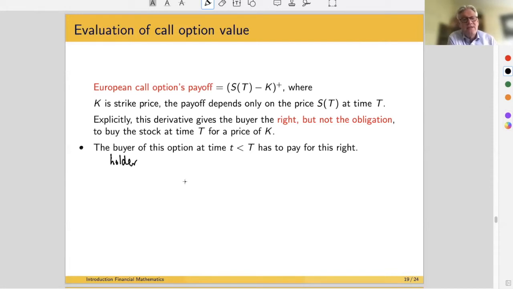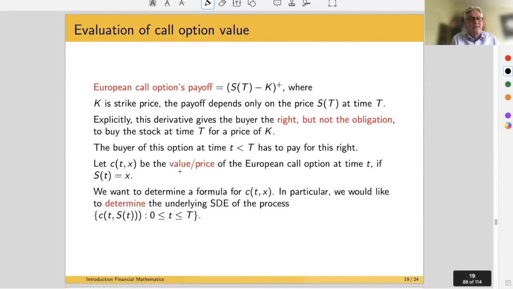Yeah, he has to pay, or she has to pay to buy the option. An option is a derivative. You get an extra opportunity, namely to buy stock for K at final time. That contract costs money. To get that extra right costs you something.